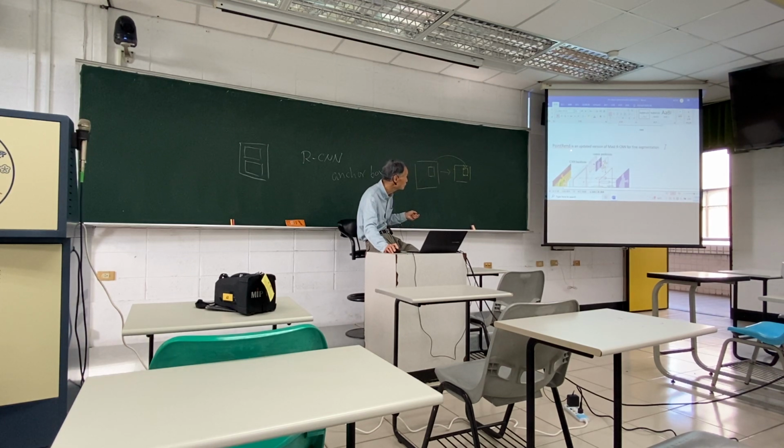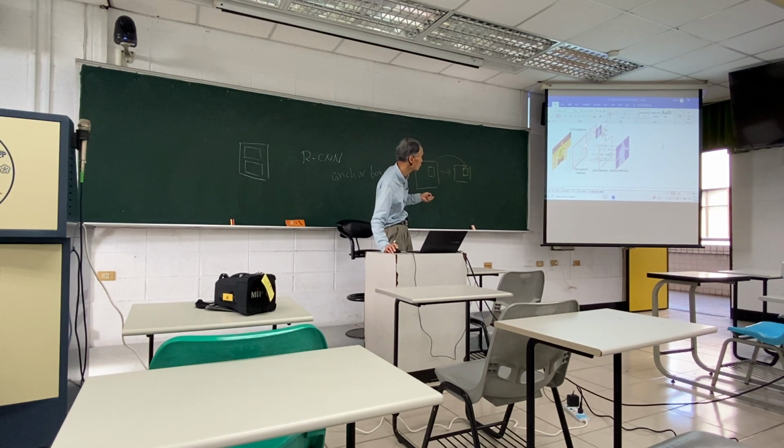And also, I just mentioned here's an updated version of Mask R-CNN called PointRend. It uses a more fine-grained feature. It will give the basic estimation of the mask.